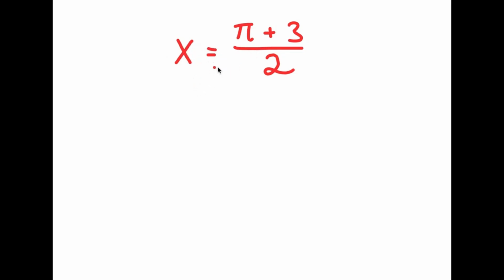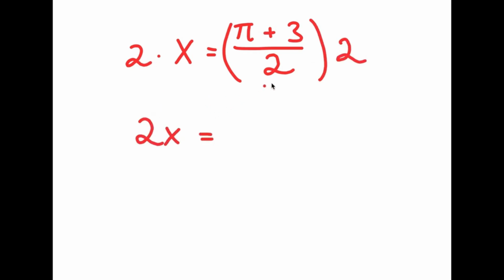So now what I'm going to do is multiply both sides by 2. So I get 2 times x is equal to pi plus 3 over 2 times 2. Now, 2 times x is equal to 2x. So I get 2x is equal to, these two 2's cancel out, pi plus 3. So I get 2x is equal to pi plus 3.